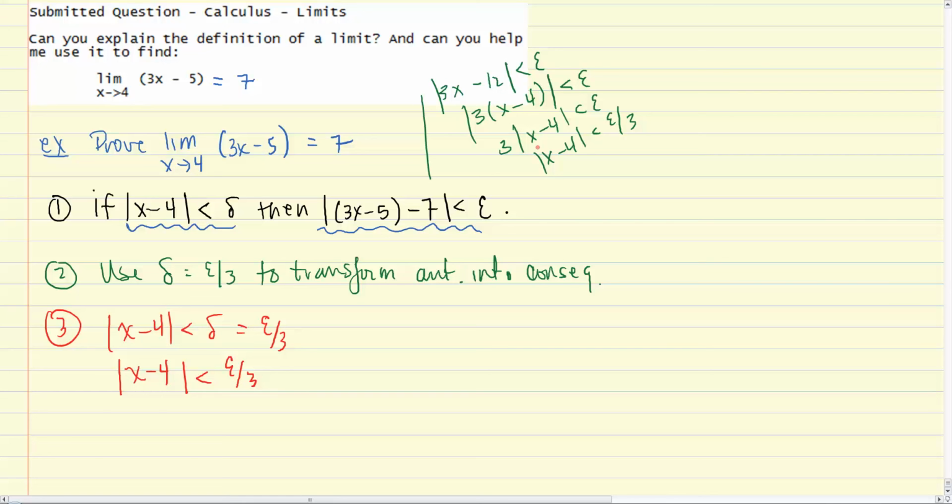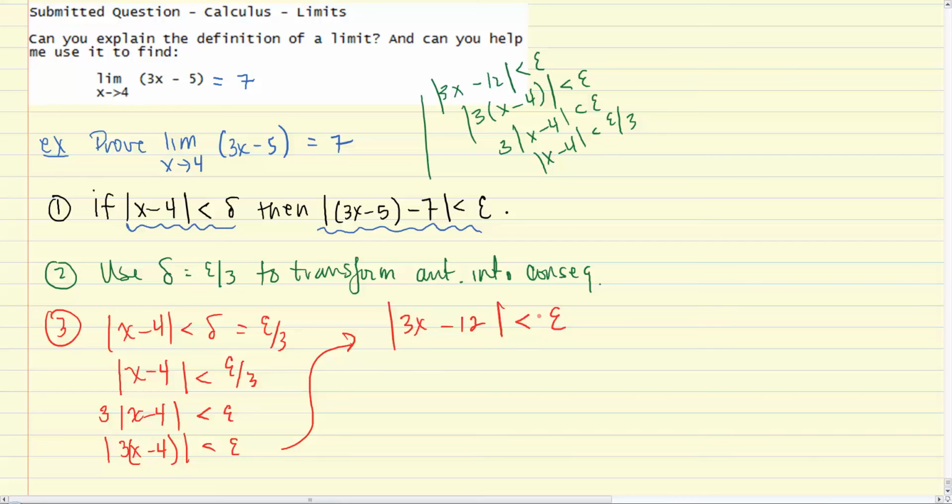And as our sidebar indicates, we'll have a straight shot. The absolute value of 3x minus 12 is less than epsilon, and then that gives us the absolute value of 3x minus 5 minus 7 is less than epsilon. And that's what we wanted to show. We hope that we've answered all your questions, and thanks for watching.